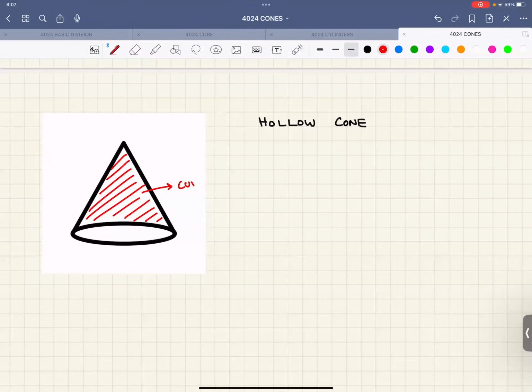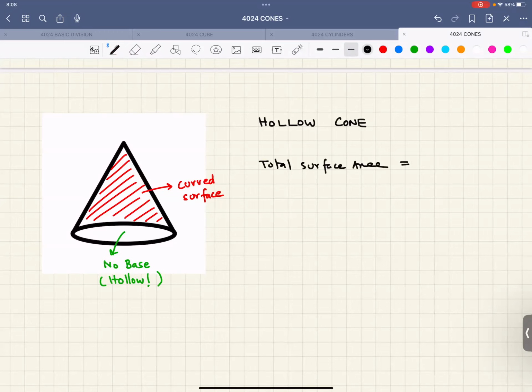So this is the curved surface. And this time, there is no base. Why? Because it is hollow. So therefore, the total surface area is the curved surface area only, which is pi R L.